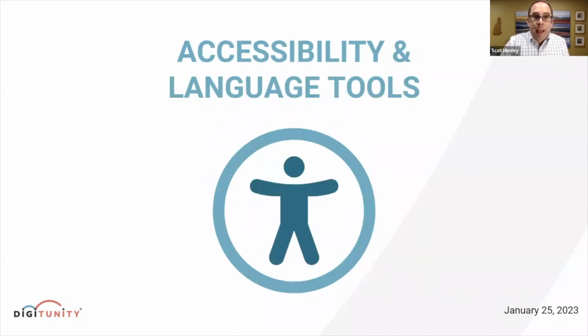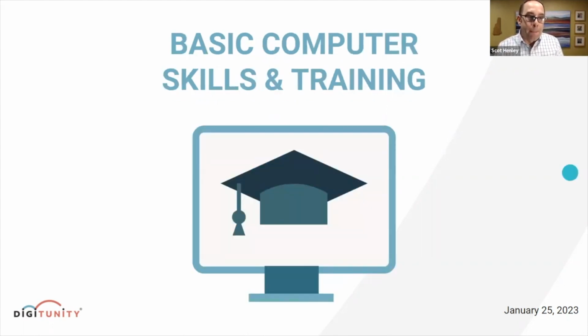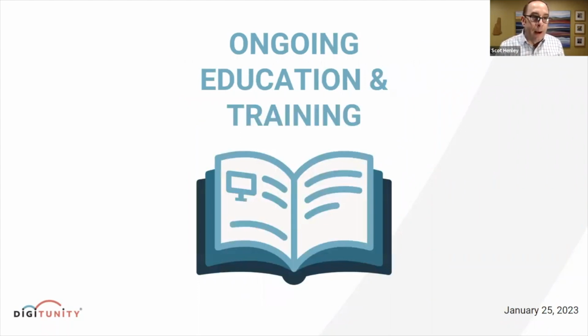And then accessibility and language tools, if English is not the first language, or if you need special assistance with vision or with audio, what have you, special populations require special adaptations. And so that's another factor. And then, of course, we get into just the skills, basic training, basic skills to know how to do word processing, writing an email, knowing how to use a browser and things like that.